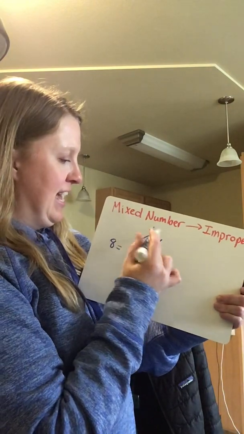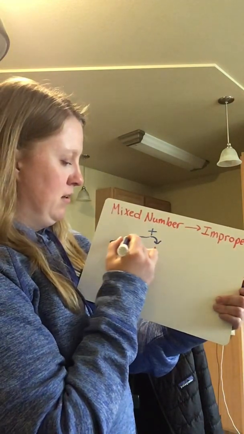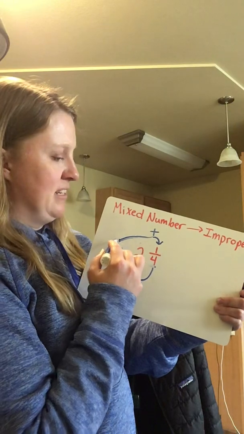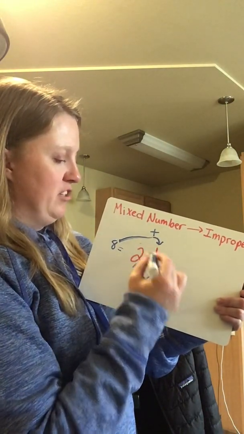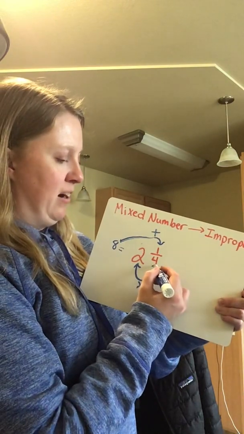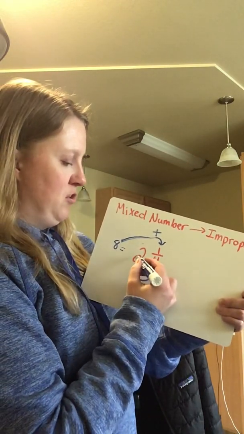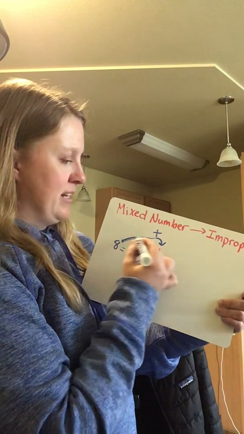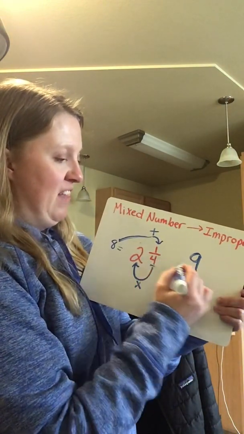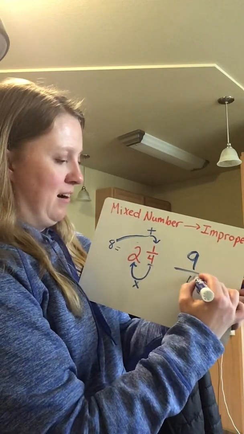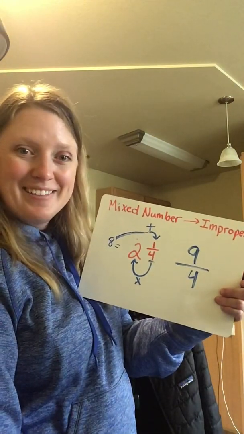I'm going to take that 8 and add the numerator, which is 1. So once again, start at your denominator. 4 times 2 is 8. 8 plus 1 is 9. And then you just keep the same denominator. How fun is that, right?